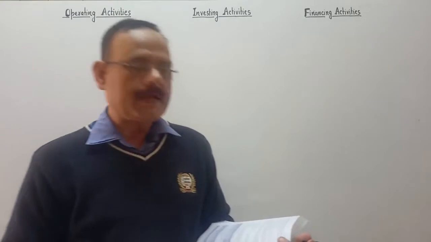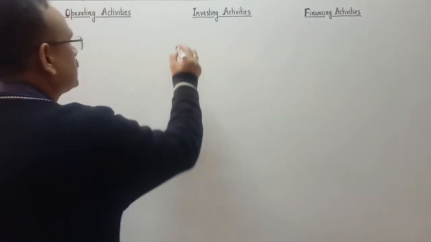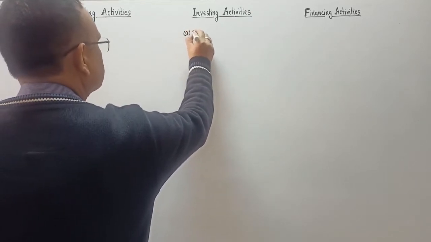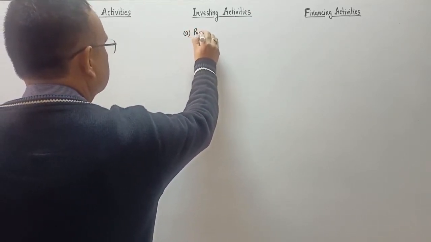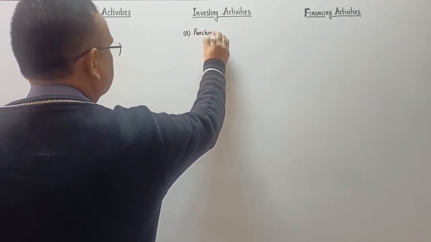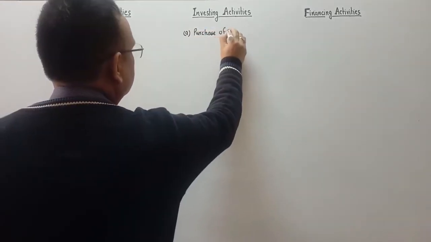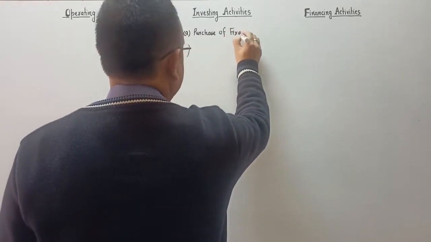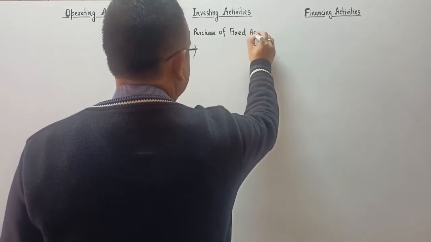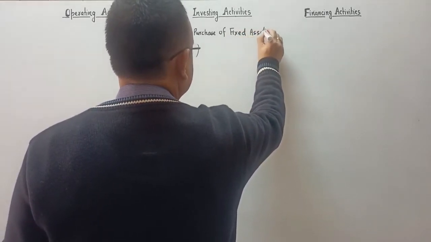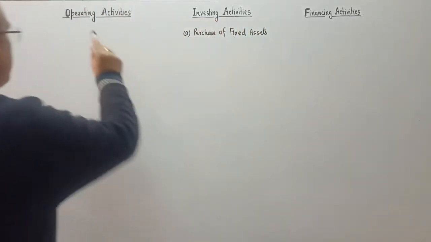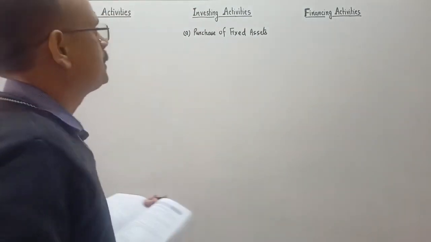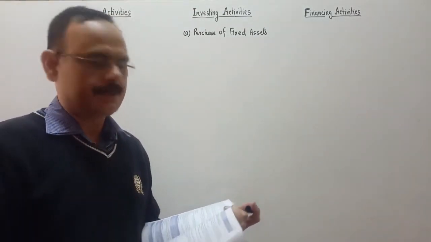So purchase of fixed assets, this is number A, comes under investing activities. Here I have written operating, investing and financing. So number A is under investing activities.